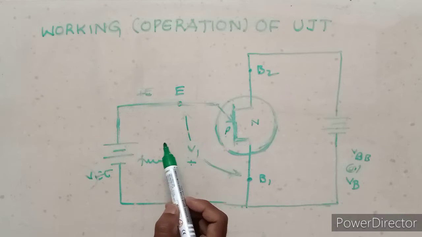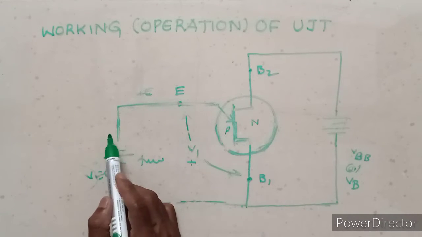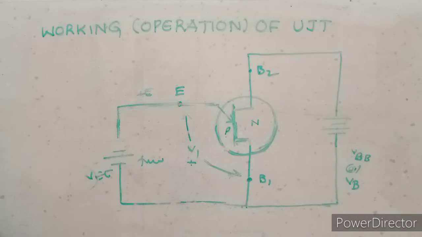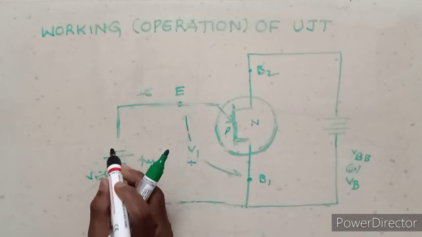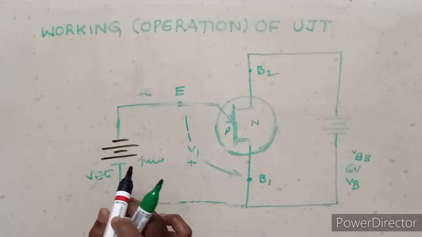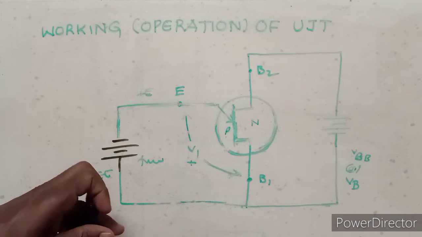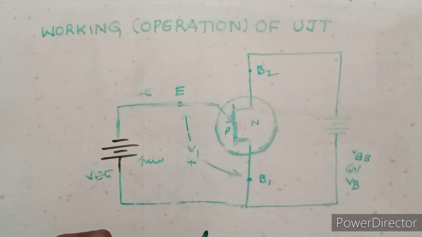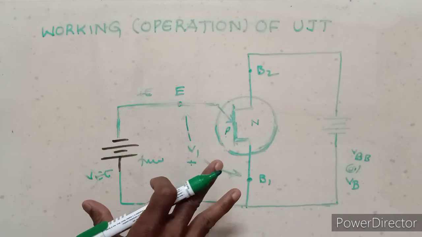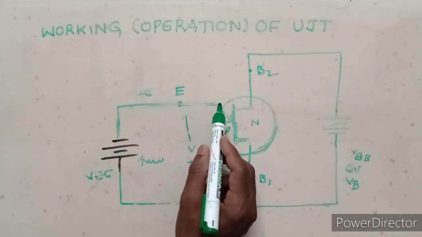This is the P-type material, with minus and plus. When negative voltage is applied to the emitter, the PN junction is reverse biased, so the total emitter current becomes 0.